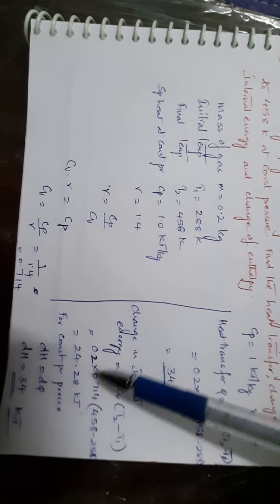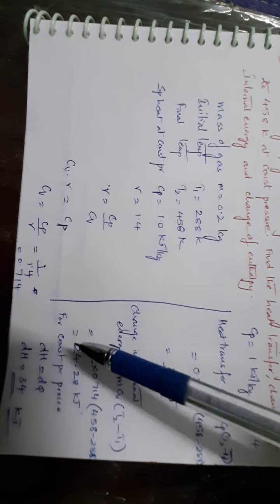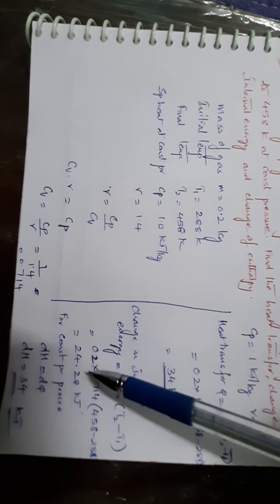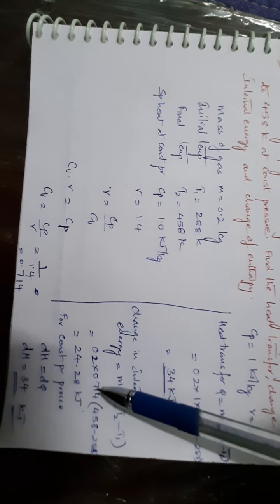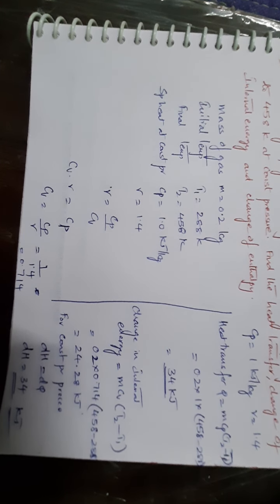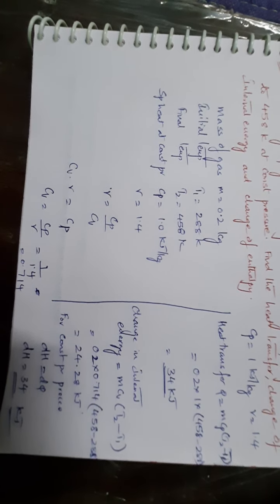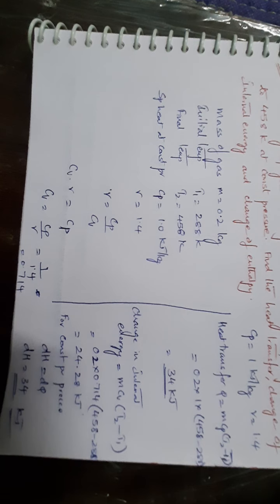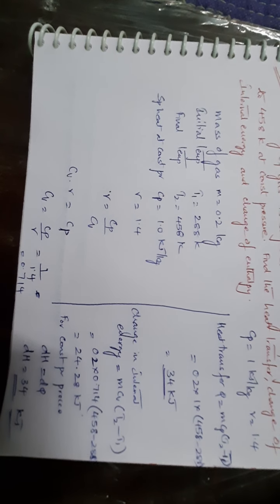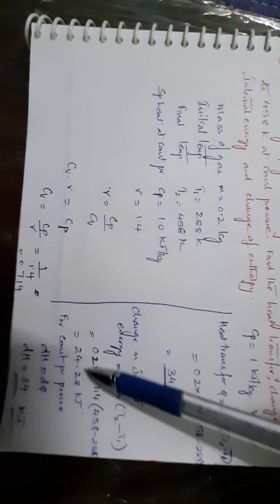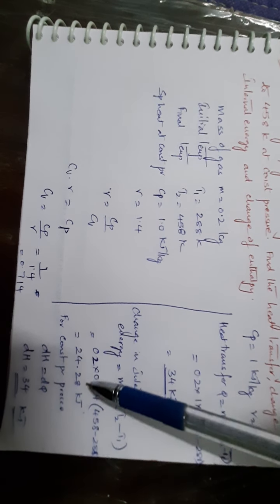For constant pressure, heat transfer is equal to enthalpy, so the change in heat transfer is equal to the change in enthalpy: dH equals dQ. Recollect what was already discussed in the previous class: for constant volume, heat transfer equals the change in internal energy, and for constant pressure, heat transfer equals the change in enthalpy.